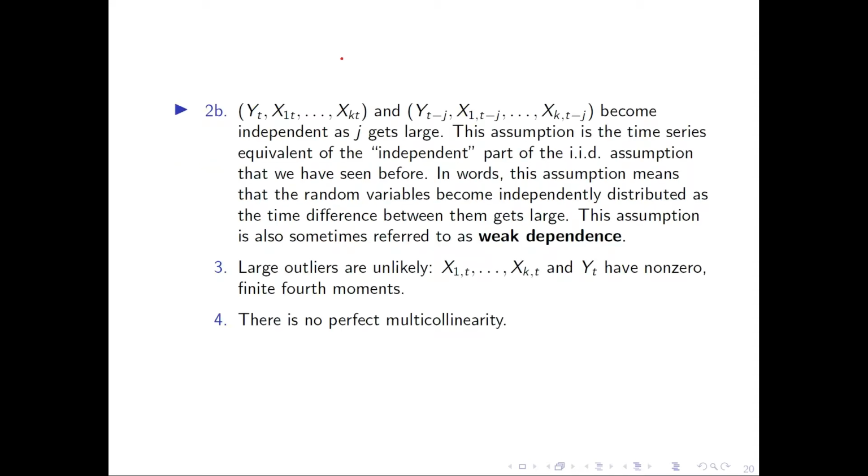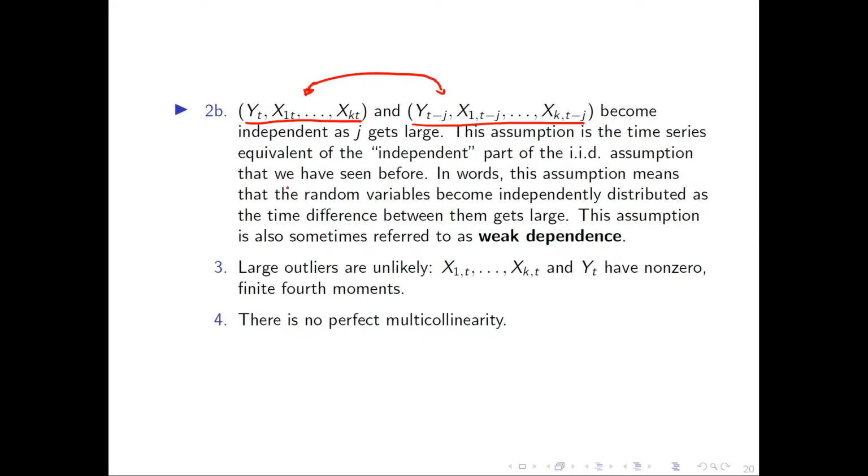A second note on the joint distribution of the variables is that they might be somewhat correlated if the time periods are close to each other, but if you have time periods further away from each other, then the relationship should not be correlated.